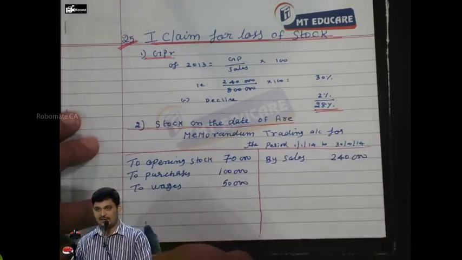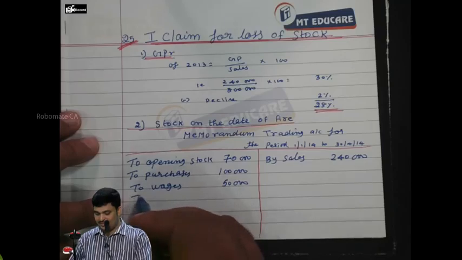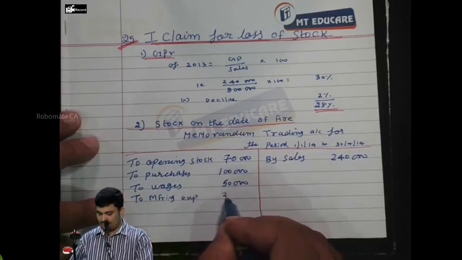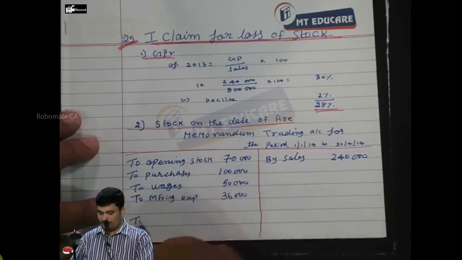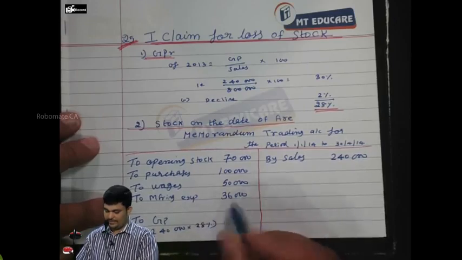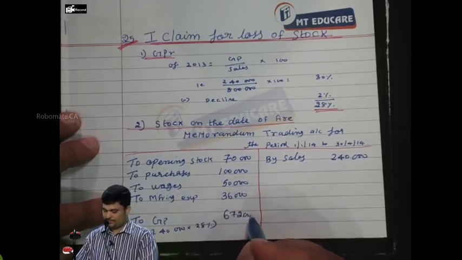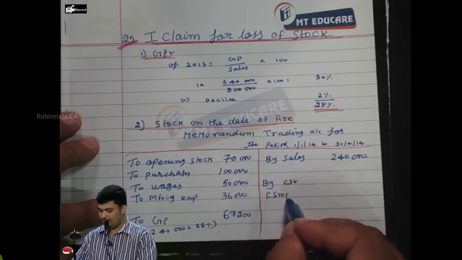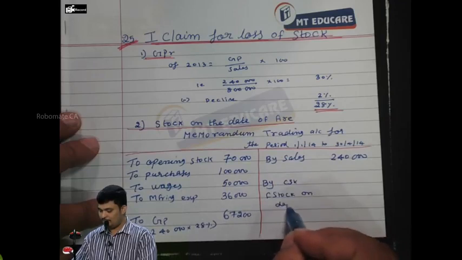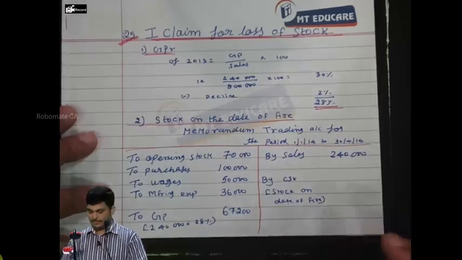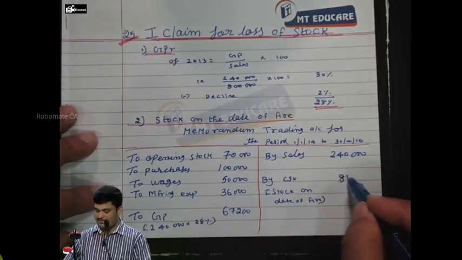To carriage, manufacturing expenses. To gross profit, 2,40,000 into 28%, by closing stock. Stock on date of hire, 83,200.